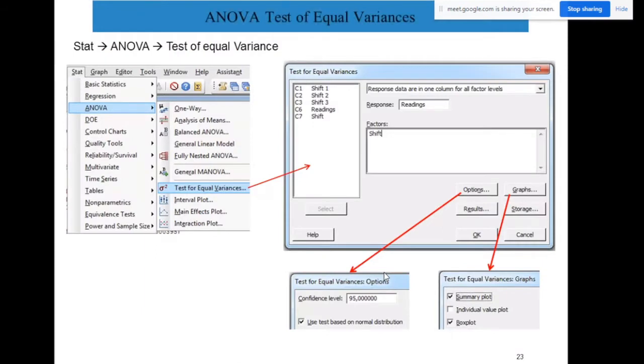So now, how to check for equal variance, the test of equal variance. Go to Stat, ANOVA and Test of Equal Variance. Here we can see the readings and the shift. Response is the reading and shift is the factor. And we go for the summary plot and box plot.